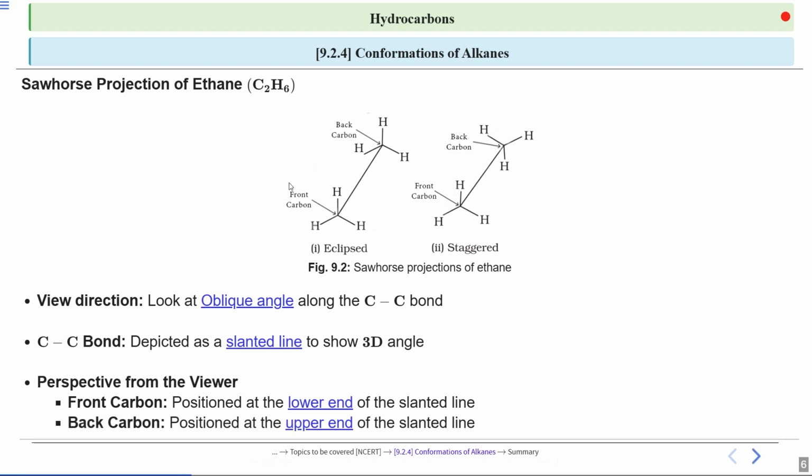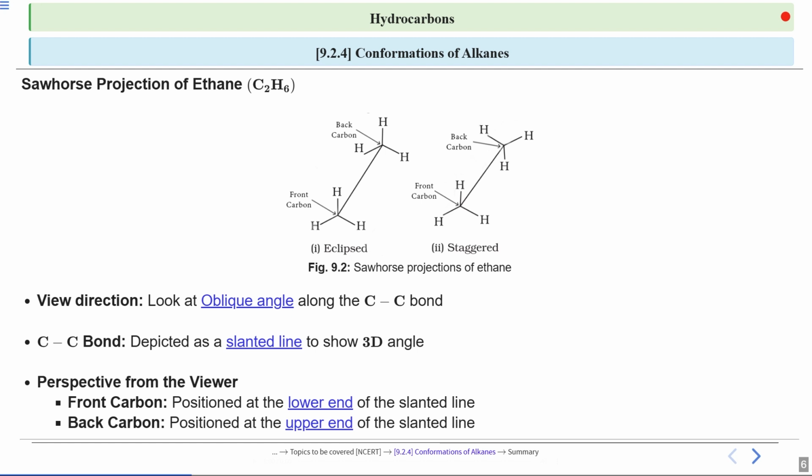Then after, we have a back carbon here, positioned at the upper end of the slanted line. This distinction between the front carbon and the back carbon is important for visualizing the molecule's 3D structure and predicting its chemical behavior. So this is the first way to describe the ethane structure in a 2D way, the Sawhorse projection.